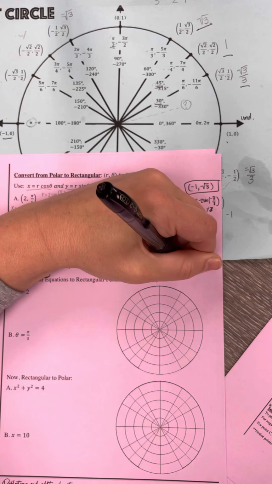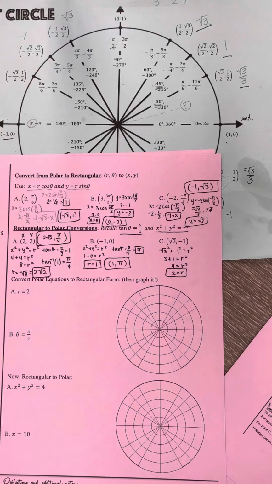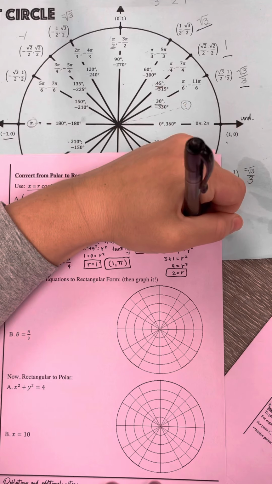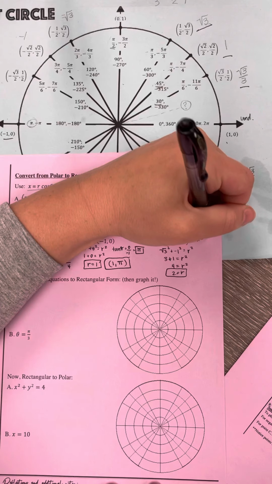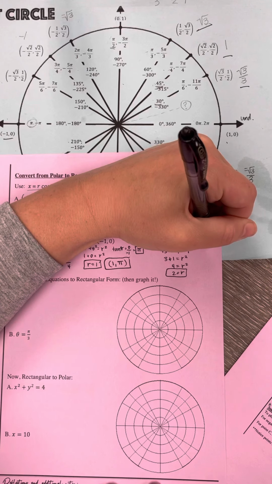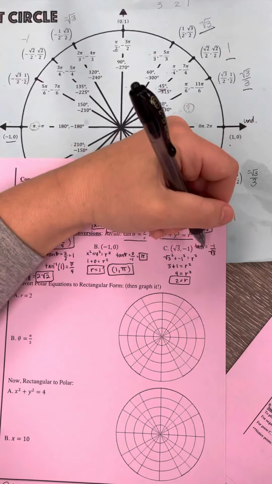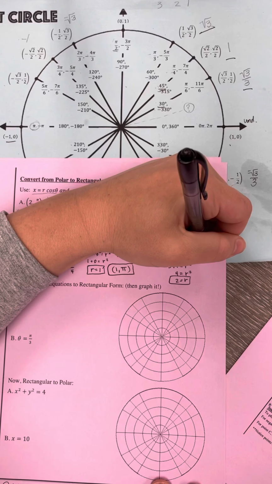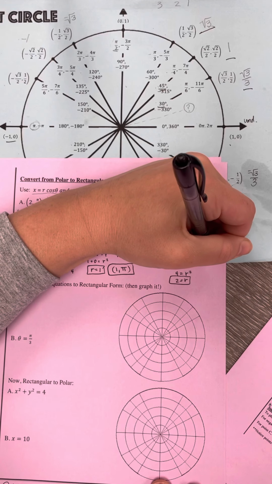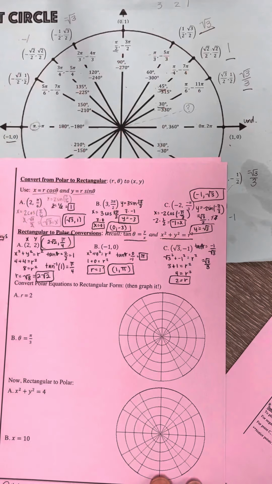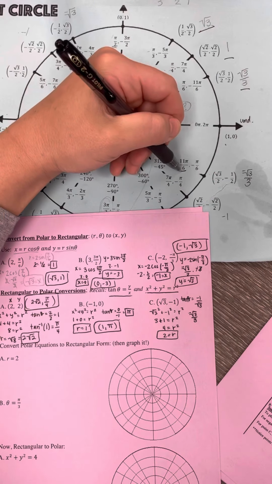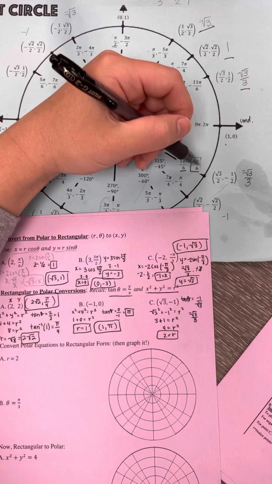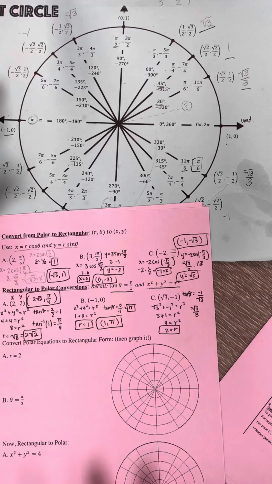That means r is equal to 2. All right, tangent is equal to -1 over the square root of 3, which is also known as the negative square root of 3 over 3, which is going to be down here. This is going to be our negative pi over 6, or 11 pi over 6.